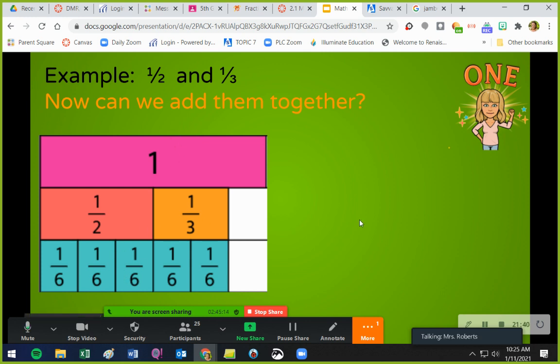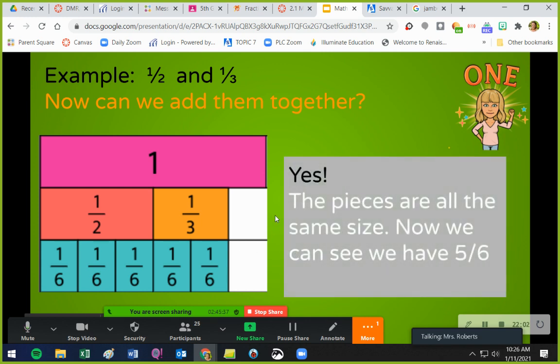Can we add them together? Now I've divided my 1/2 and my 1/3 into sixths. Are these all the same size? Yes. Now I can add them together. 1, 2, 3, 4, 5.